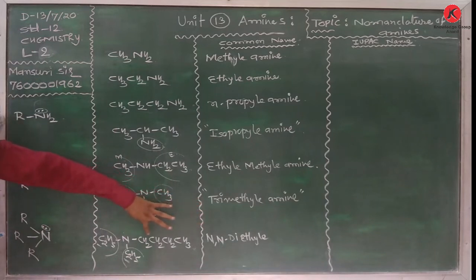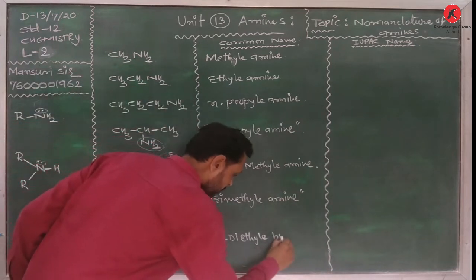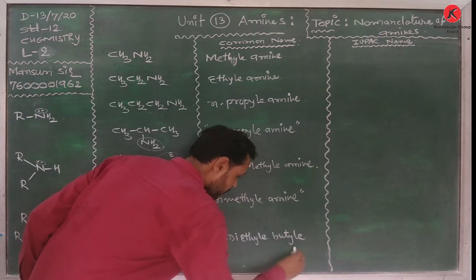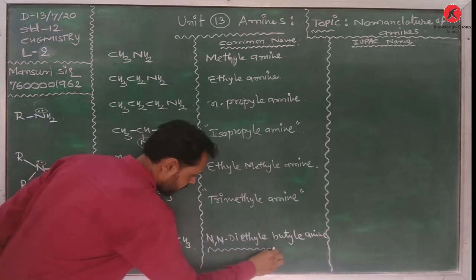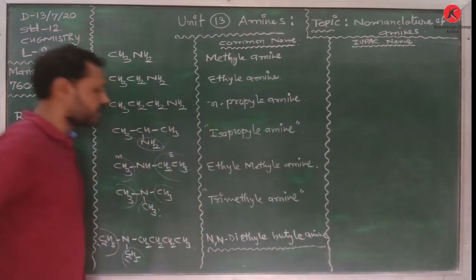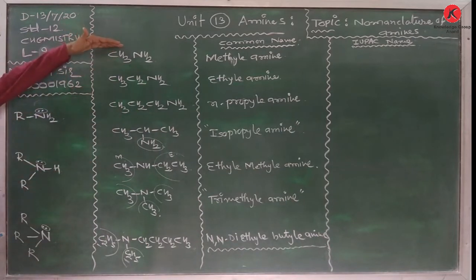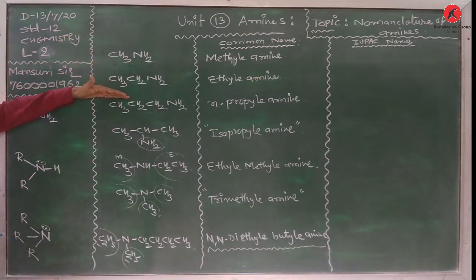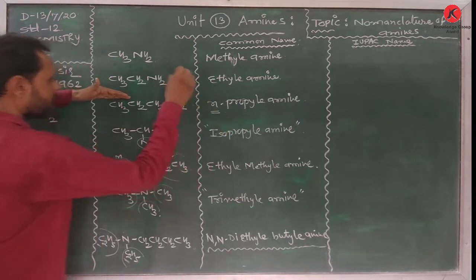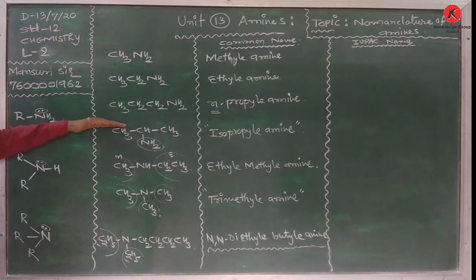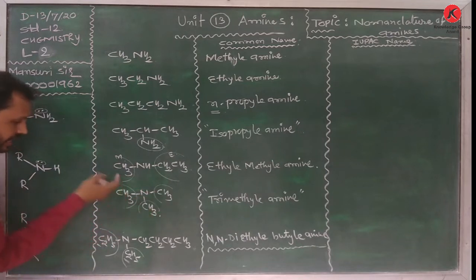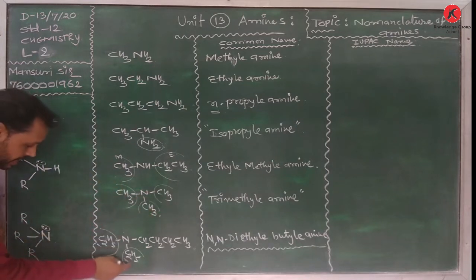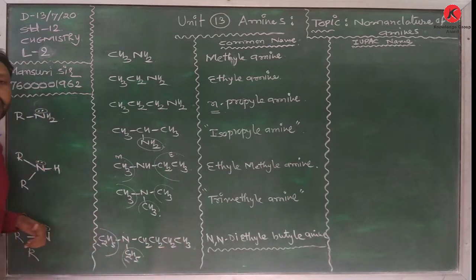This is butyl amine because it contains 4 carbons. This is the compound: N,N-diethyl butyl amine. So methylamine, this is ethylamine, this is normal propyl amine. Thereafter isopropyl amine, thereafter ethyl methyl amine, thereafter trimethylamine, thereafter N,N-diethyl butylamine. Okay.